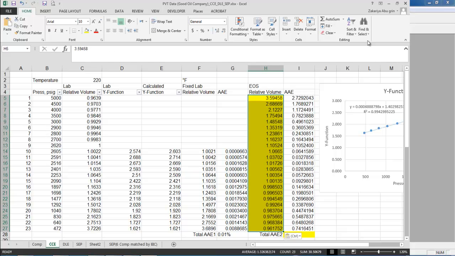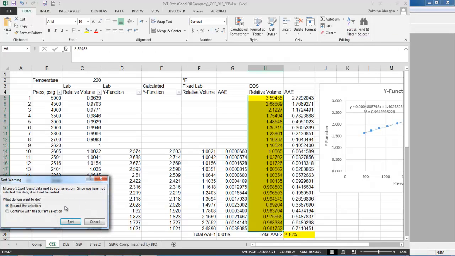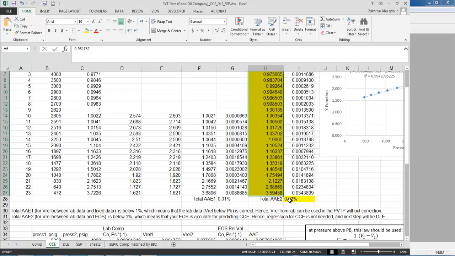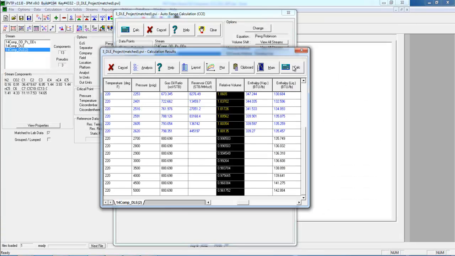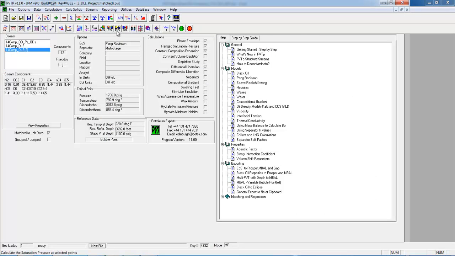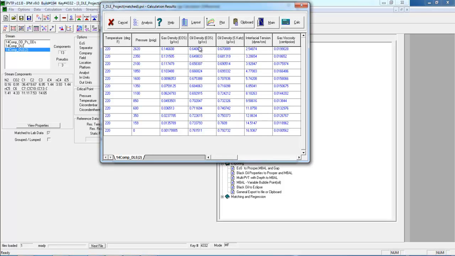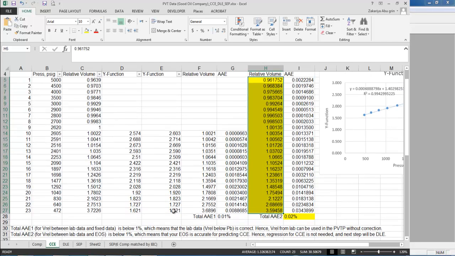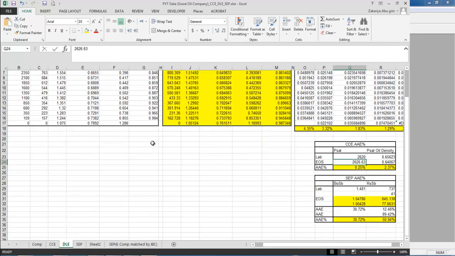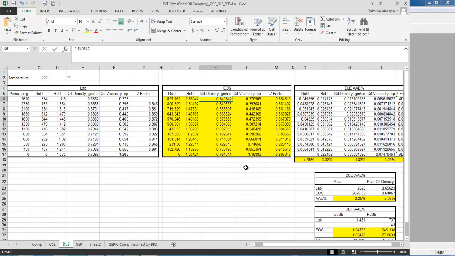I will put it here, then I need to sort it. And now in differential liberation, so we have oil density. Yeah, I think I have already done this.